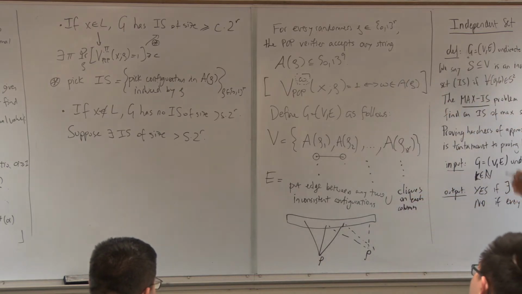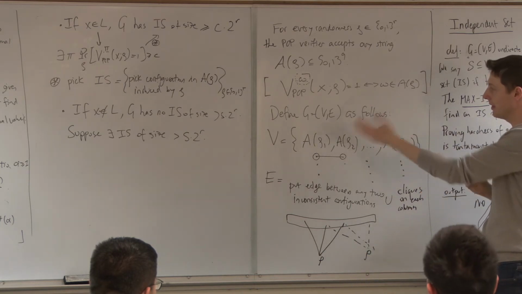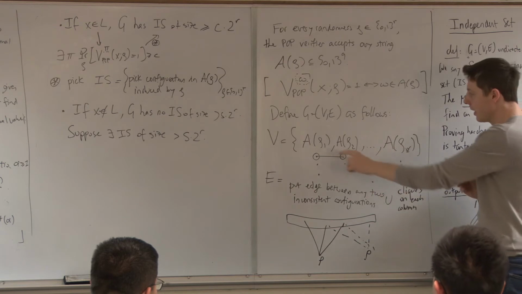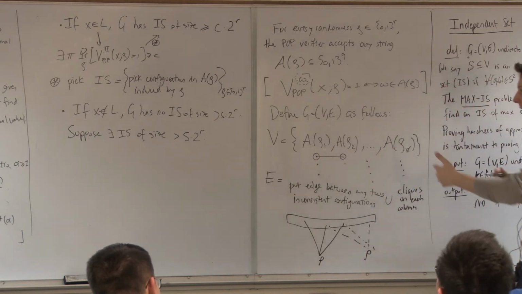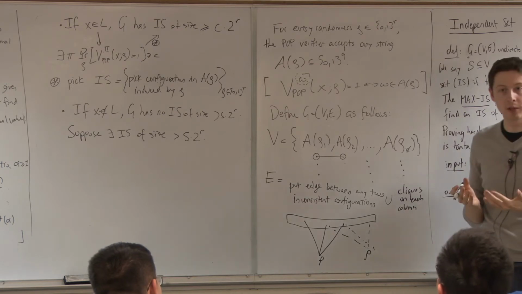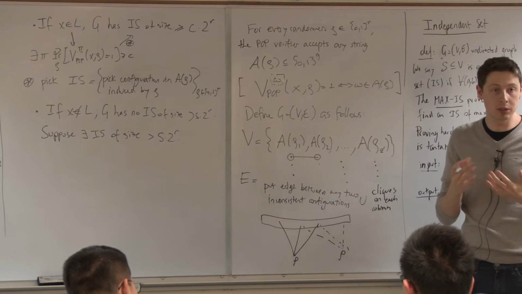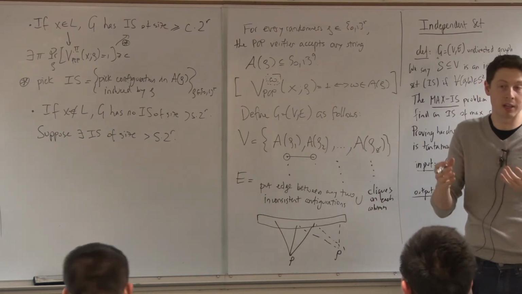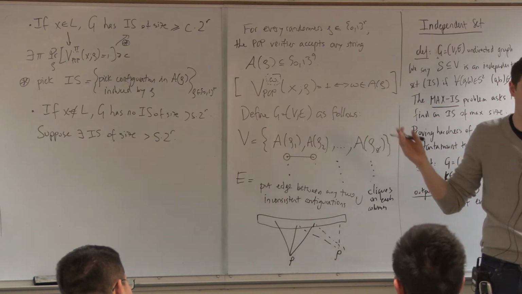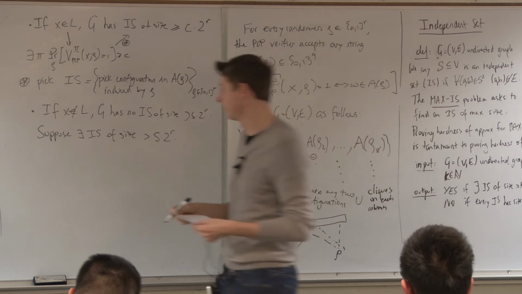Now with cliques on each column, I know that if there is an independent set of size at least S times 2 to the R, it means that I have a selection here, maybe a selection here, a selection here. I have at least S times 2 to the R configurations that are all pairwise consistent. These values will determine a subset of a proof, or maybe the entire proof. But if it's a subset of a proof, I extend it with zeros arbitrarily. Okay, and that will give rise to a proof that is highly accepting.